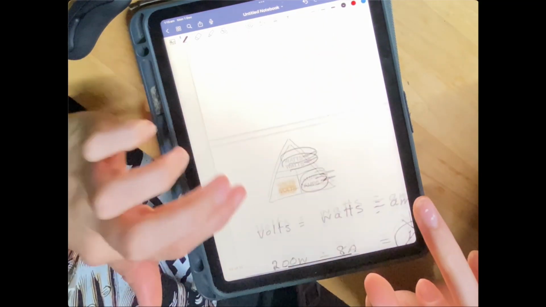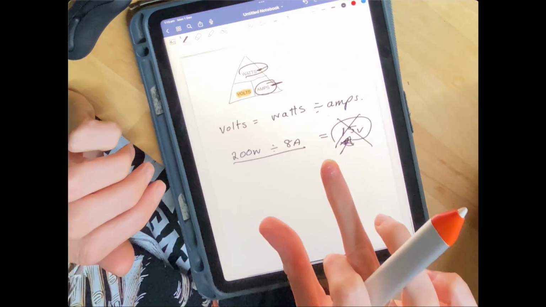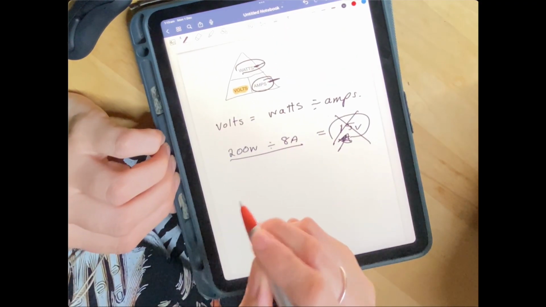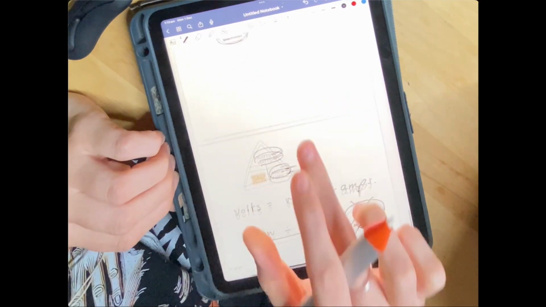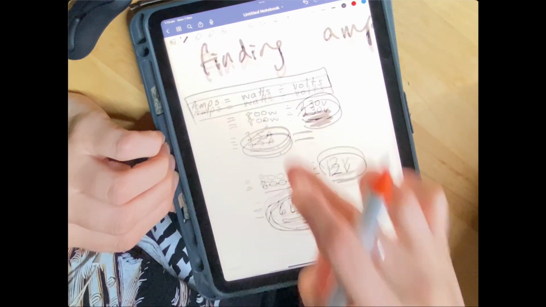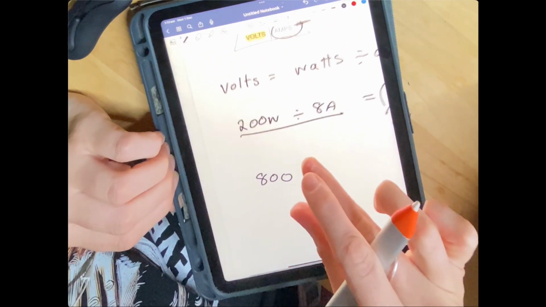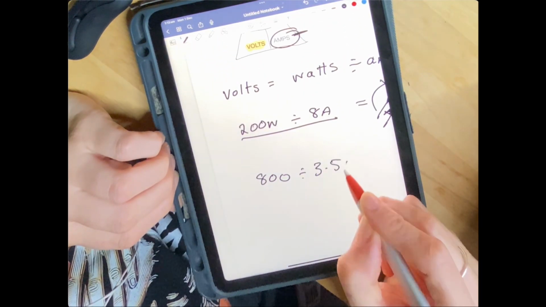So let's pretend we didn't know the volts. So the watts of the toaster was 800. The amps was at 3.5. Yes, 3.5 amps. We're going to go back. Divided by 3.5 amps.